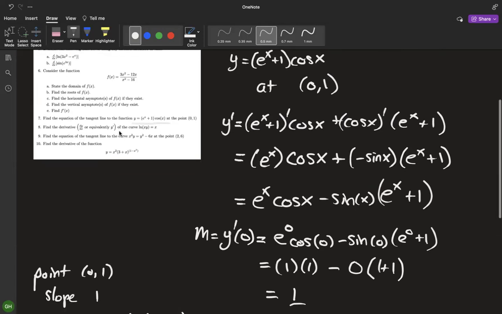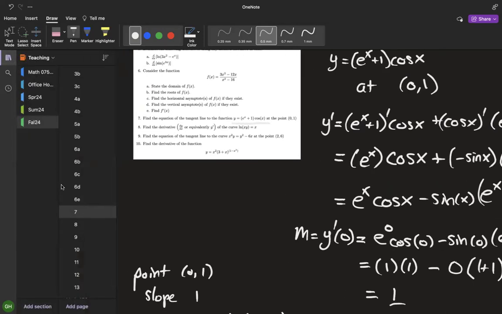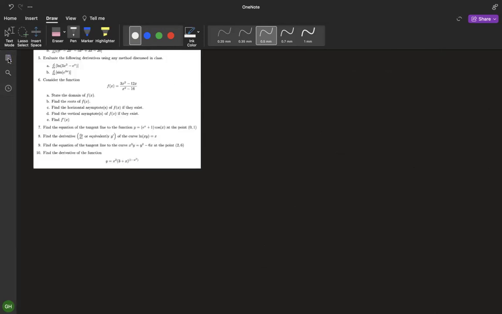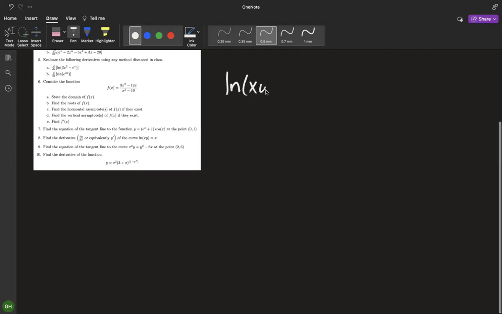Okay. For part A, we're finding the derivative of an implicit function. So we have the curve ln xy is equal to x, and I want to find y prime.